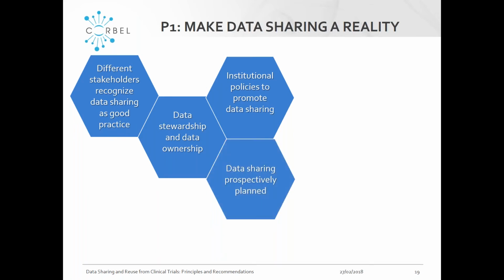Very important is that data sharing should be prospectively planned, and for future trials this will be really important. All the different study documents, from the protocol, the consent forms, the records in the trial registries, regulatory documents, and so on, should be prepared and reported on the basis of this plan for sharing data once the trial and the study is completed.